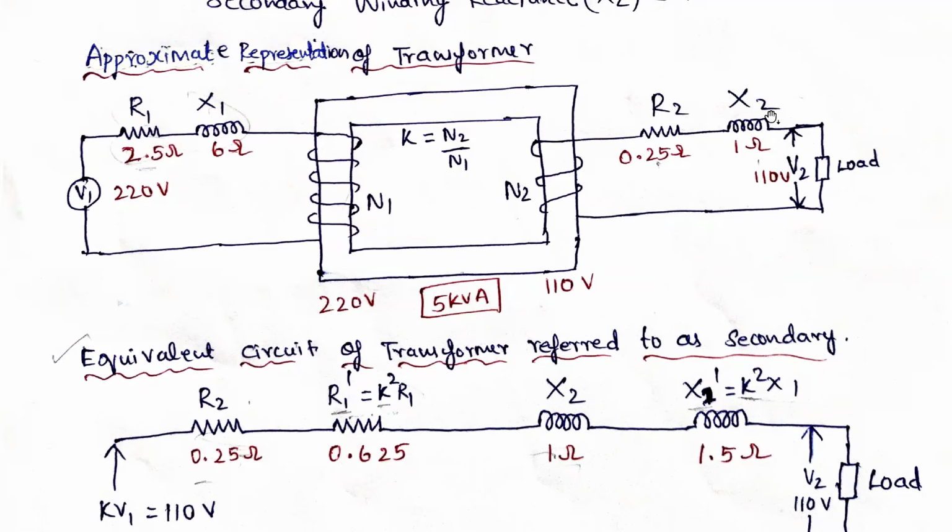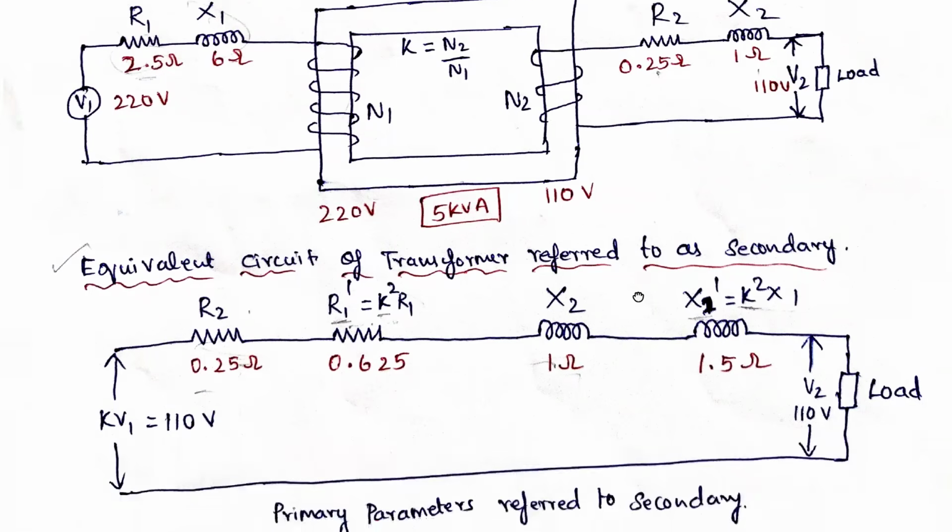While converting, you need to multiply with K squared. If you are converting secondary parameters to primary, you divide by K squared. If you are converting from primary side to secondary side, multiply by K squared. That's the only difference. The rest are all the same, that you know.